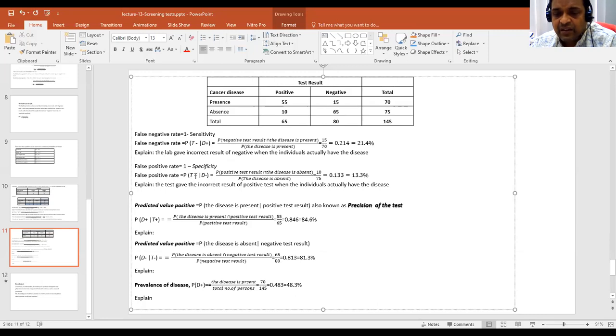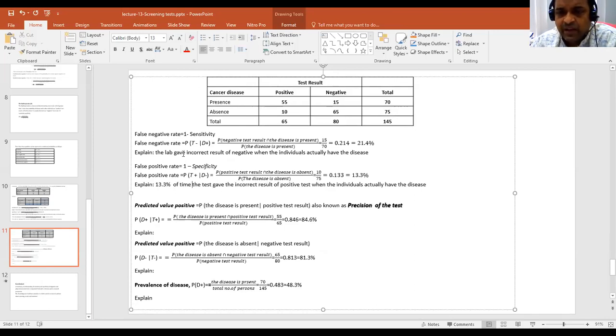That is, the lab result is positive, but the patient or the individual doesn't have the disease. You can write 33.3% of the time.